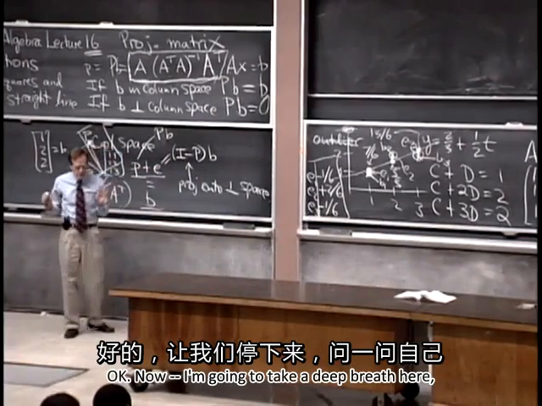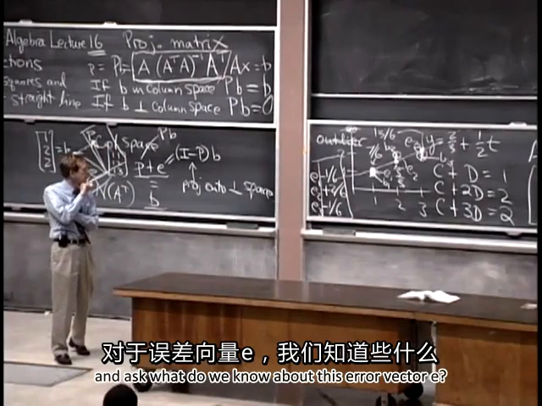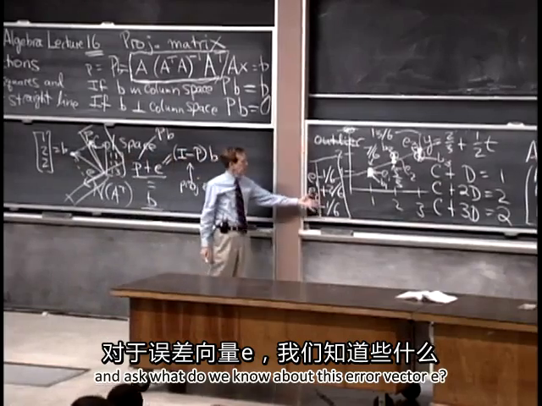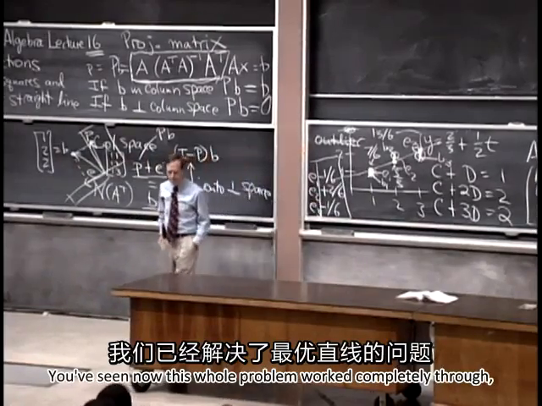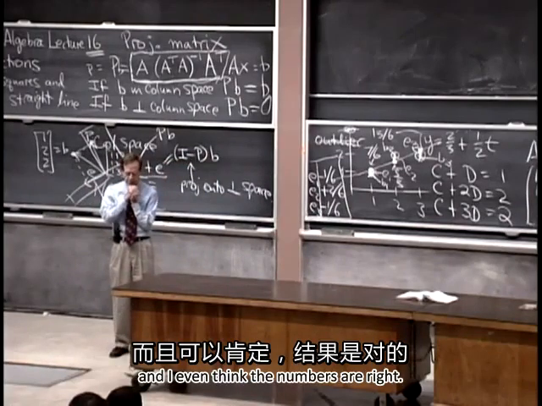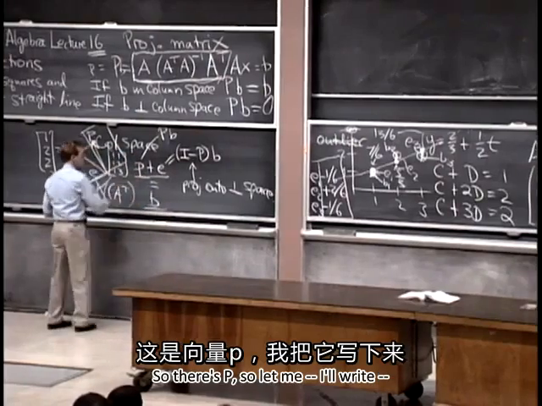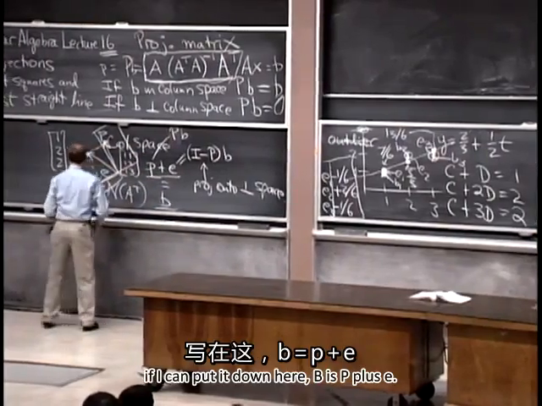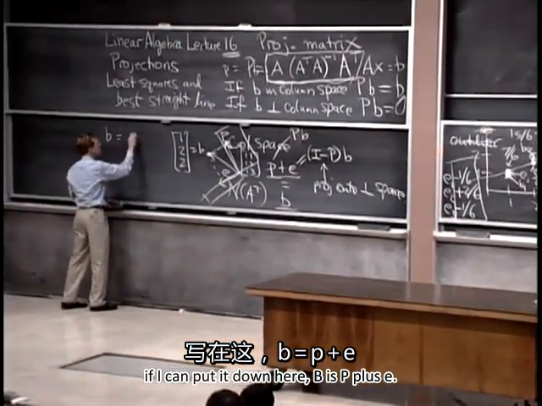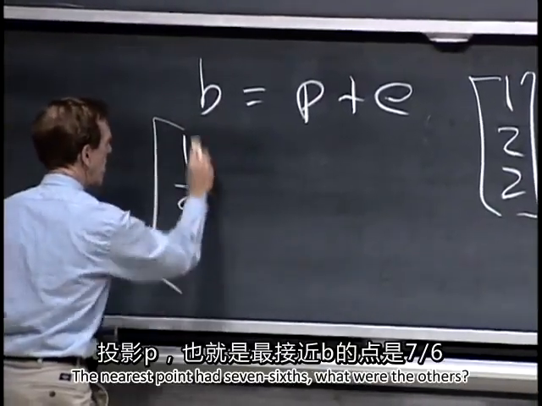Now, I'm going to take a deep breath here and ask, what do we know about this error vector E? You've seen now this whole problem worked completely through, and I even think the numbers are right. So B is P plus E. B, I believe, was 1, 2, 2.